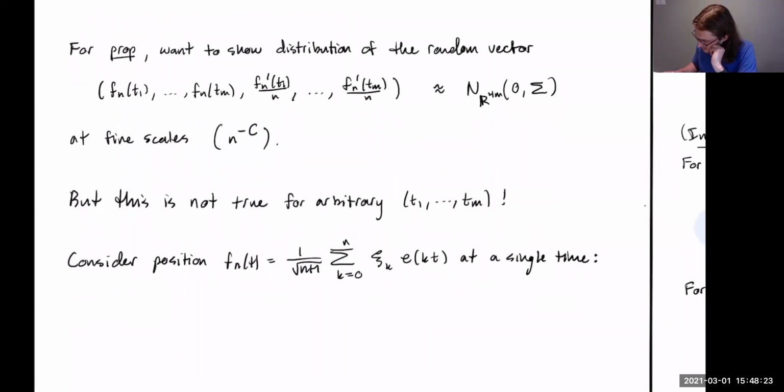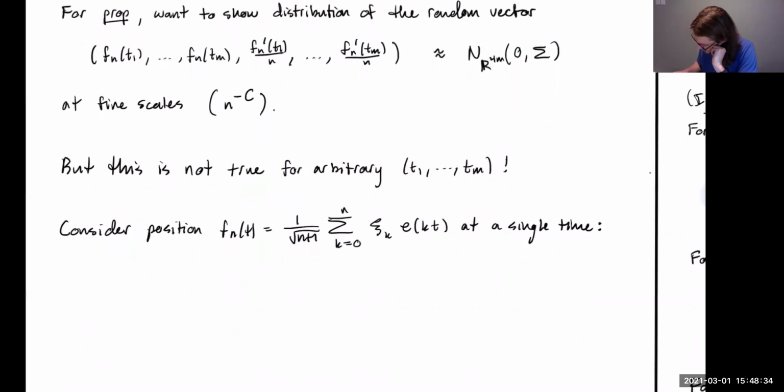All right, but this turns out not to be true, and it's related to what Mark pointed out earlier. If you just look at a single time, a single point t, what we want is a strong central limit theorem.